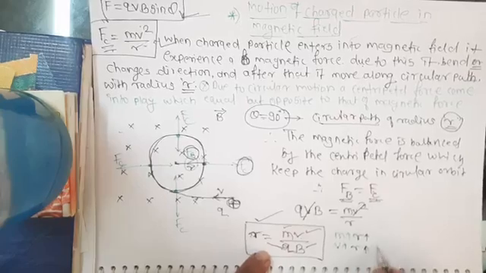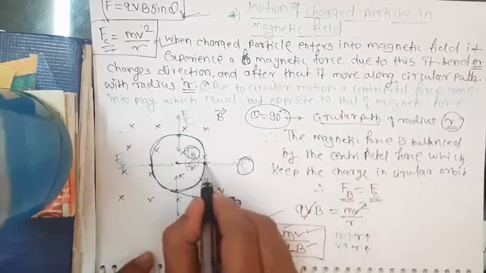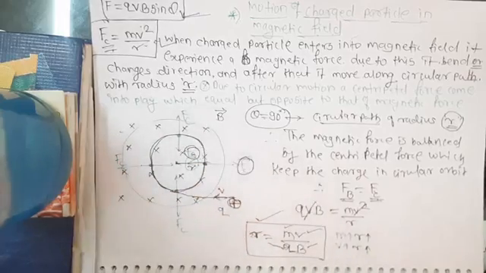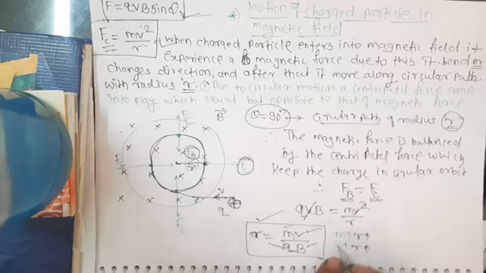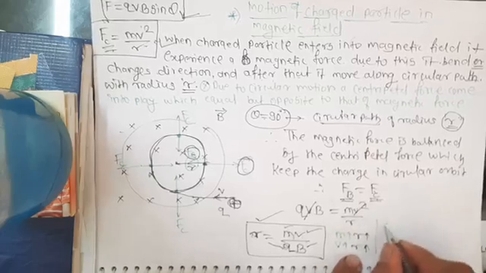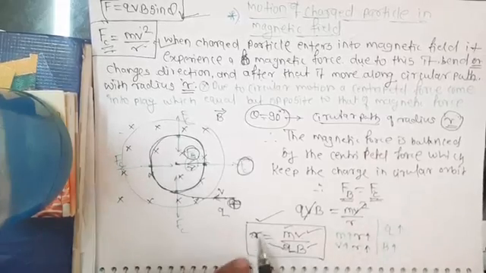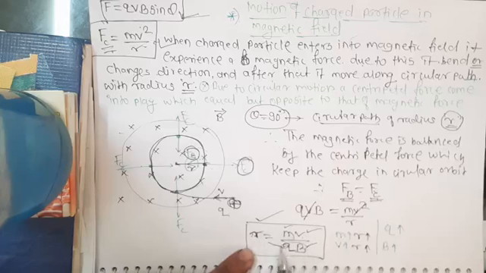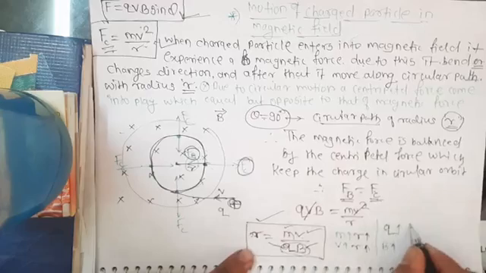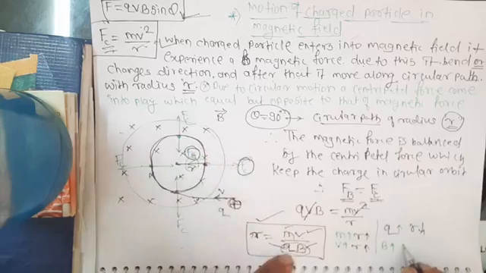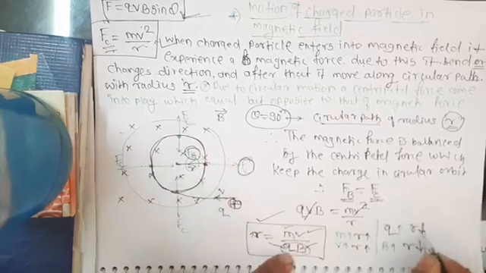More mass, more radius. Another particle having more mass will trace a bigger circle. And if charge is more and magnetic field is more, radius is inversely proportional to q and B. So if charge is more, radius is small, and if the external magnetic field is more, the radius is also small, correct?